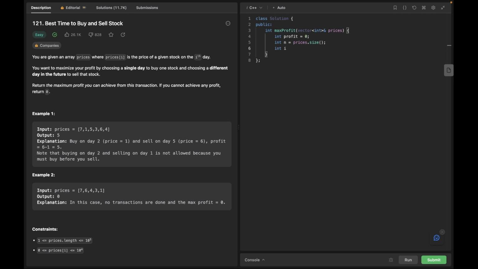Let's keep 2 pointers, a left pointer and a right pointer, both at 0 initially. Let's check if the price at the right pointer is greater than the price at the left pointer. Then we would try to find the max profit. And if it is more than the current max profit we have, we'll update the max profit.